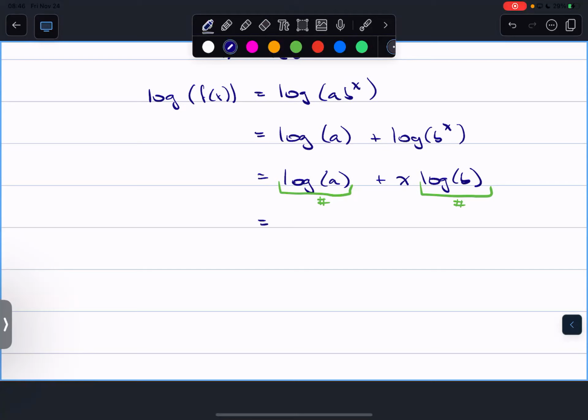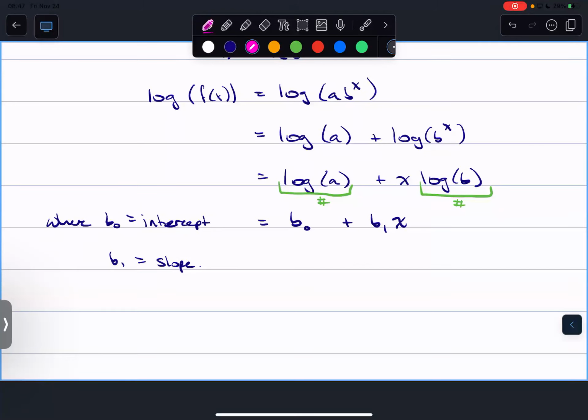I'll use the stats notation: B0 is the intercept plus B1 x, where B0 is the intercept and B1 is the slope. As long as you recognize that there's a number on its own, and that's the intercept, and then x times a number, that number has to be the slope.